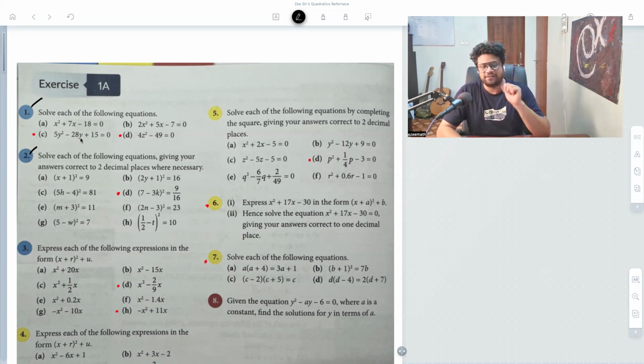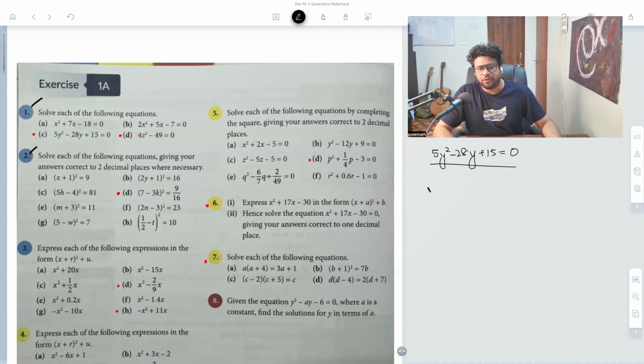Look at one part C. That's the one we're going to do now. Here we are given 5y square minus 28y plus 15 equal to 0. For me to solve this, I'm going to simply use the quadratic formula.